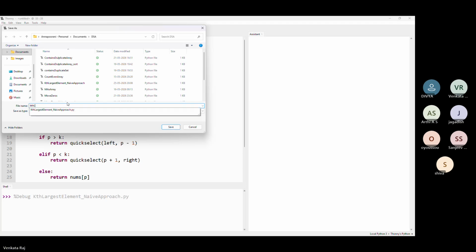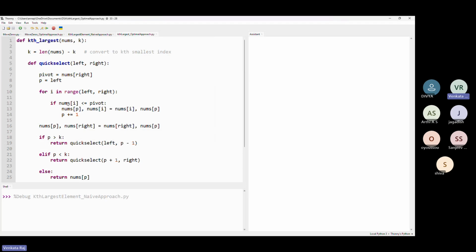Kth largest element, optimal approach. So let me go through the kth largest element directly.